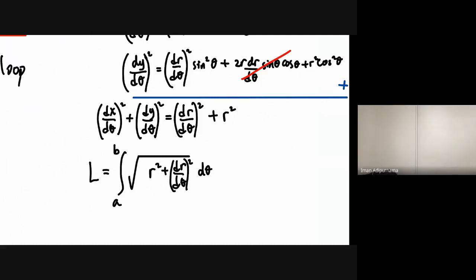This is the term conversion. So you have dx over dt, or d theta, dy over d theta, and then you can convert this xy into r. So dr d theta squared and then r squared. That would be the arc length for polar. Okay, arc length in polar.